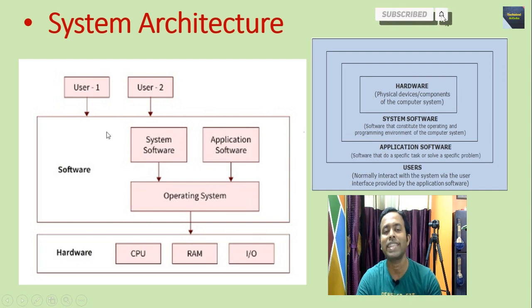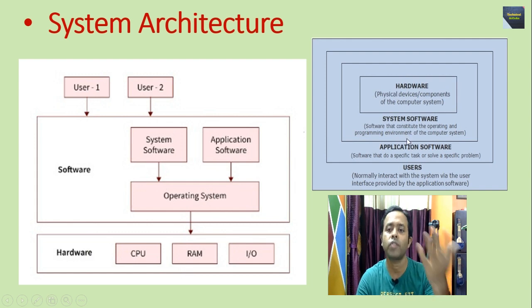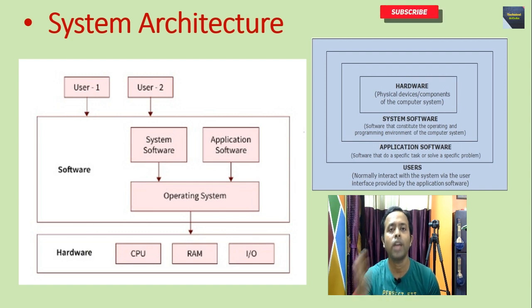Now when any user interacts to do anything, it goes through the system software and application software, through the OS to the hardware, and in a similar manner from the hardware it goes through the system software, application software, and then the user. Means the OS is the environment where the system software and the application software are installed. When the user needs something, it goes through the application software, through the system software, through the OS, and then drives the hardware, and also vice versa.